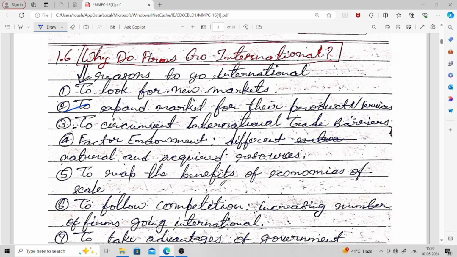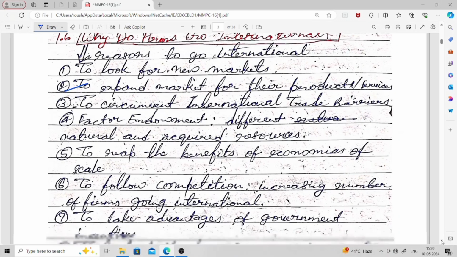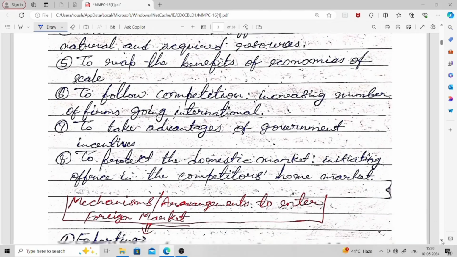Okay, now next you have to follow competition. To follow competition, companies go international, so there is an increasing number of firms going international. As more and more companies are going international, to compete with the other companies, a company tries to go international.